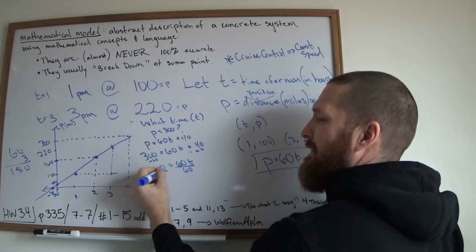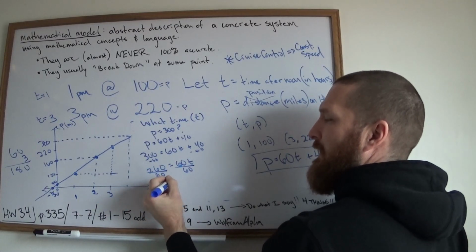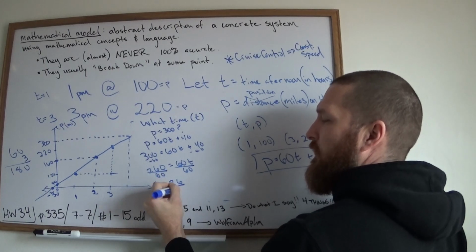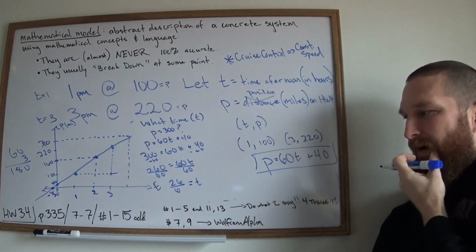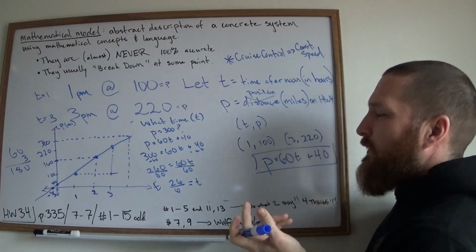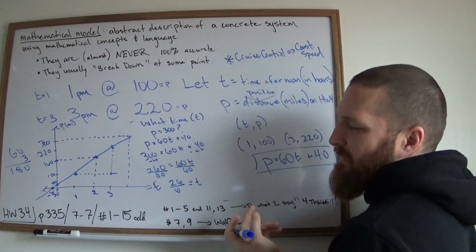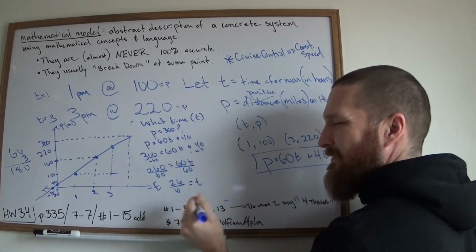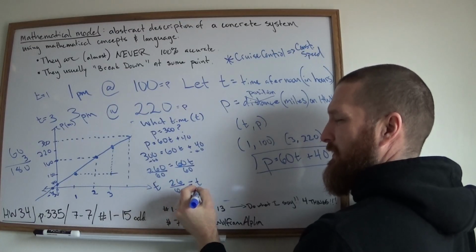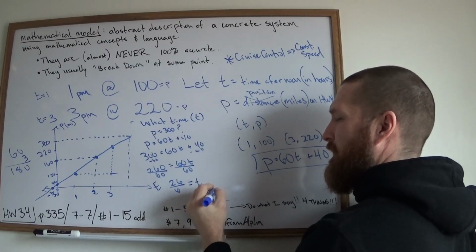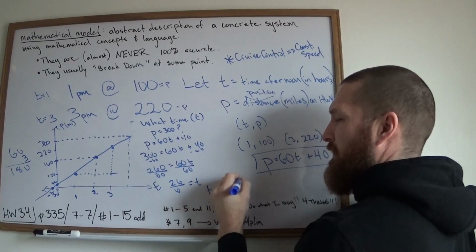Divide both sides by 60. That is 26 over 6 equals t. I'm just dropping the zeros there. And then that's whatever that is. 13/3? A half of 26 is 13. So yeah, 13/3. t equals 13/3.